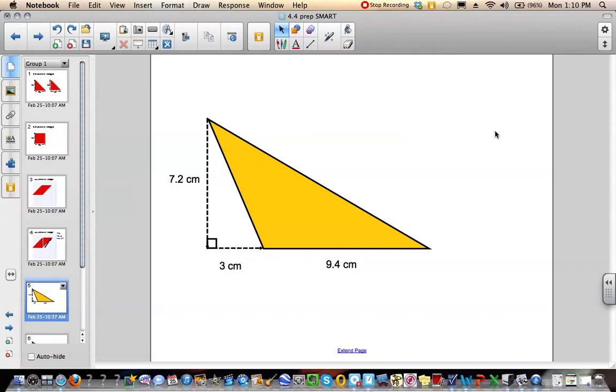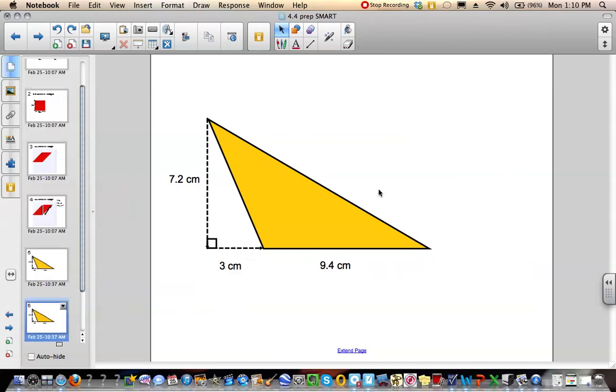Because this is half of a parallelogram, we're still going to use the beginning part of our original equation. Area equals base times height, but because a triangle is half of a parallelogram, we are going to divide that by 2.